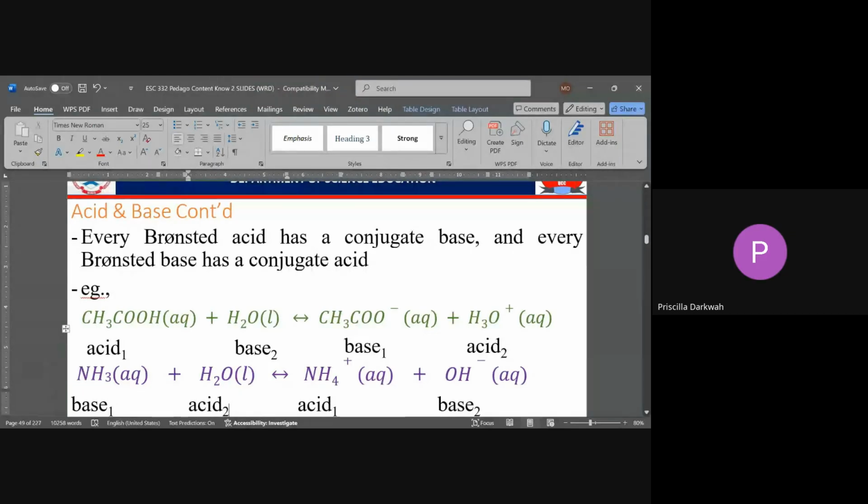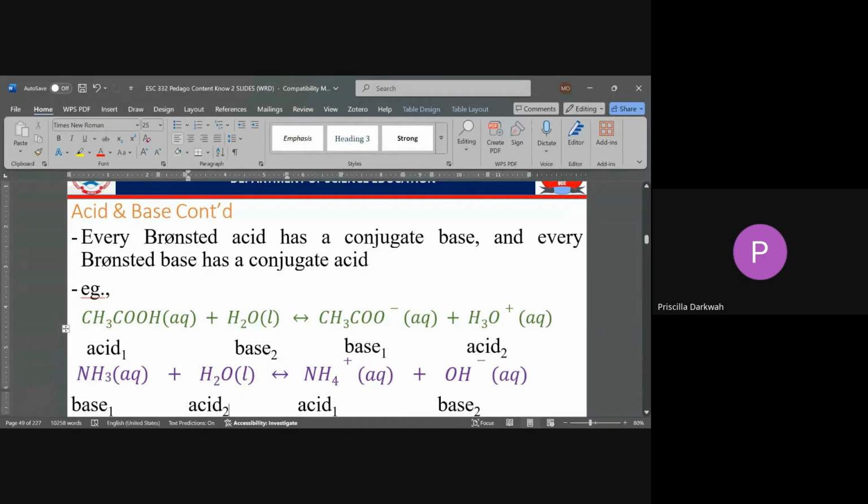Is it formic acid? No, you just read it as we have, not mentioning the name. Okay. So we have CH3COOH aqueous reacting with H2O liquid.